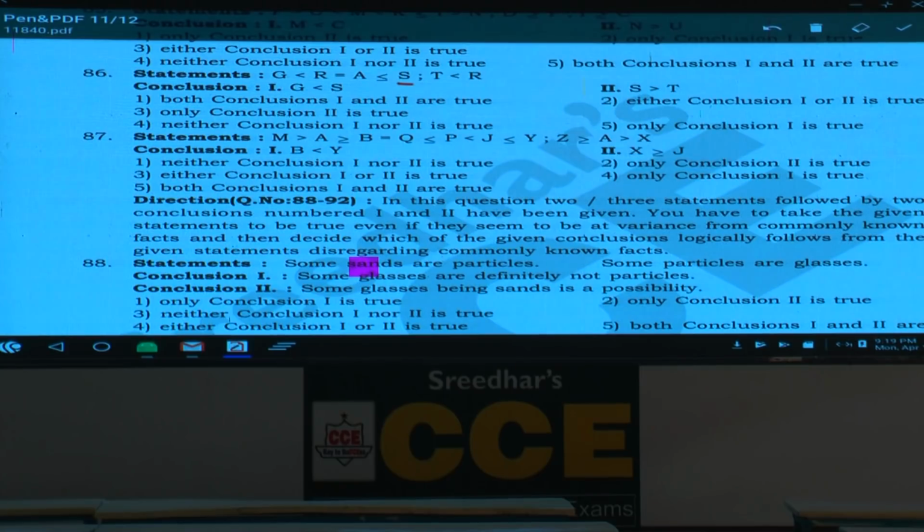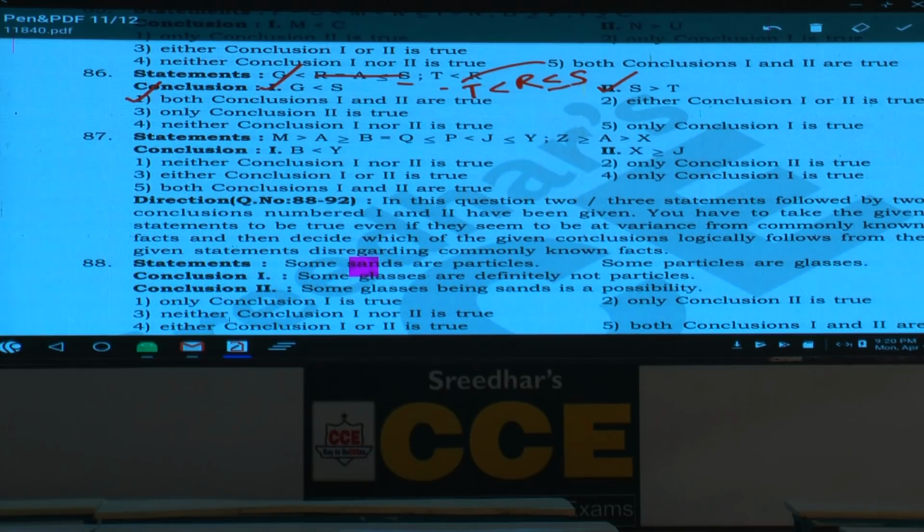S is here, T is here, the letter which is common is R. Now with the help of the first one we can write it as R less than or equals to S. And the next one T less than R. Hence T less than R less than S, T less than S is definitely true. If T less than S is true, S greater than T is also true. Hence what is your answer here? Both the conclusions follow. Choice 1 is the answer, 86.